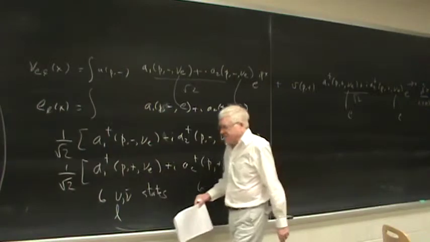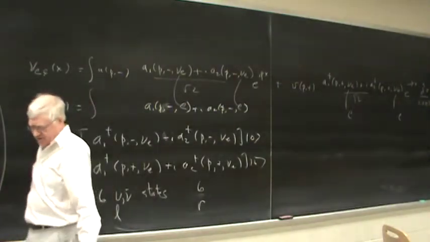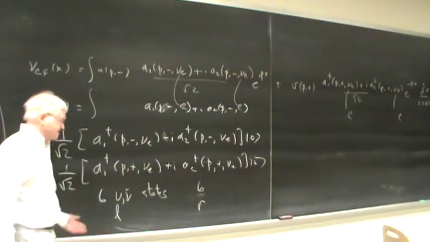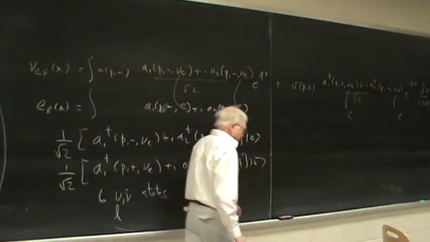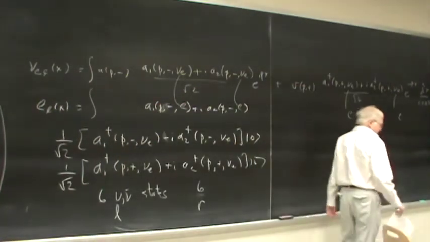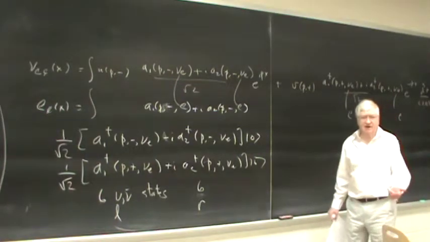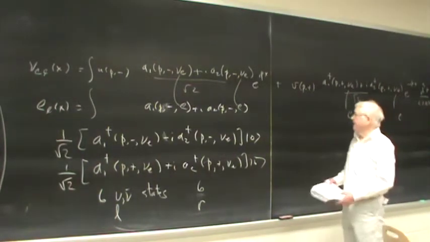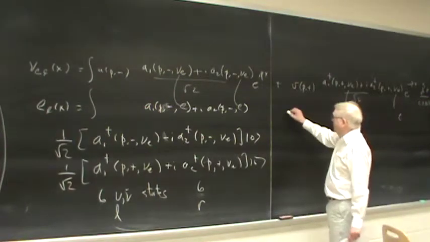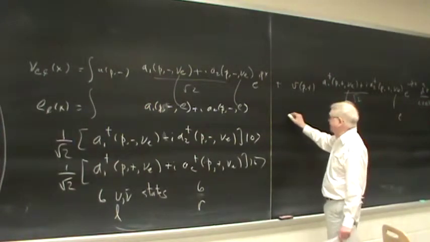One way of telling whether these light neutrinos are Majorana or Dirac is by doing neutrinoless double beta decay.